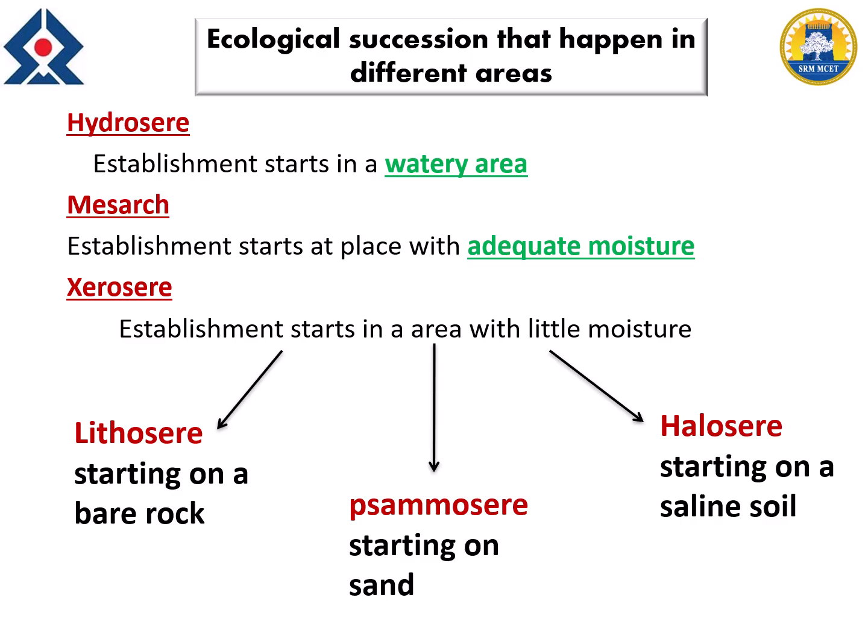If the succession starts from a bare rock area, it is called lithosere. A sandy area is called psammosere. If the succession starts from saline soil, it is called halosere. So based on the starting point, or on whether the required water or only little moisture is present, the succession is named.